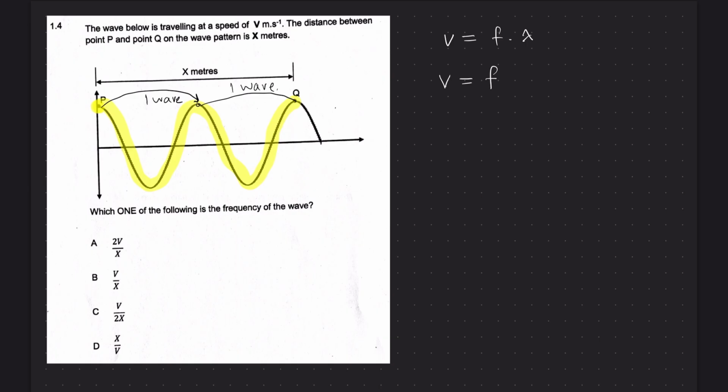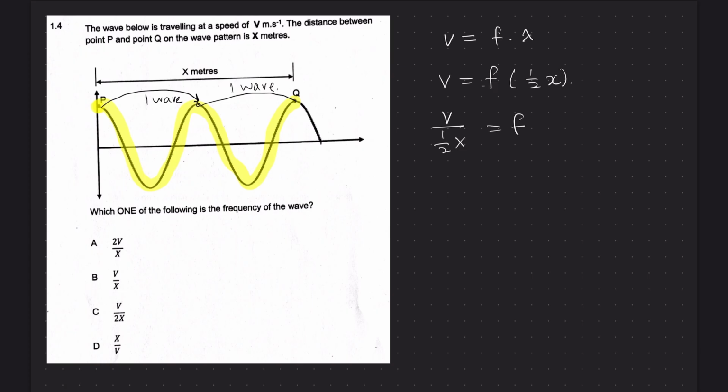So from P to Q is actually two waves, and lambda asks us what is the length of one wave. So that's obviously going to be half of x. And if you want to solve for frequency, we need to divide. So we divide both sides by half x. So v divided by half x equals frequency.